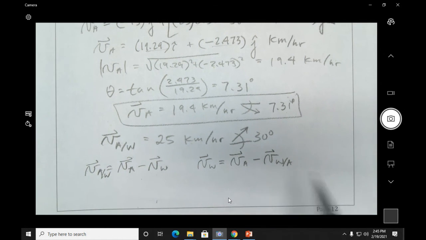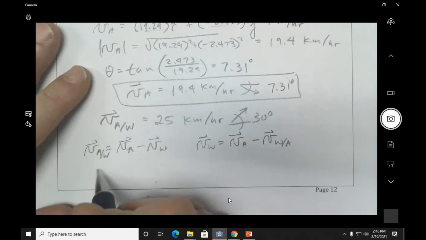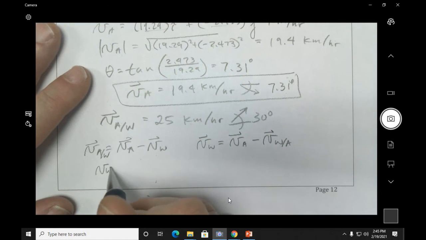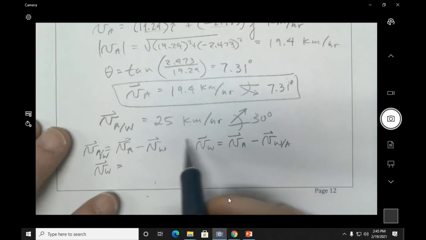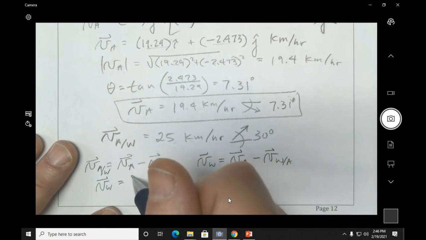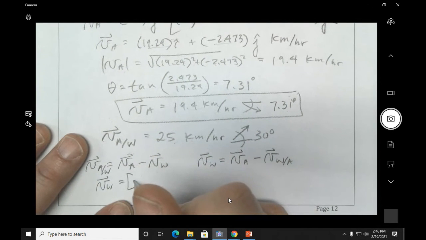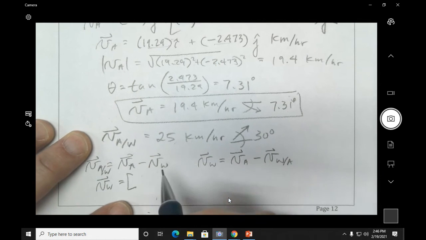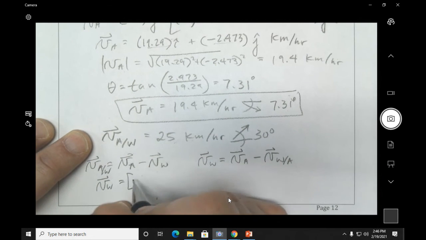Yeah, they just flip-flop. So you take the velocity of the wind. We already have this as a vector right in here. I could write this a couple of different ways; I think I'll write it this way.